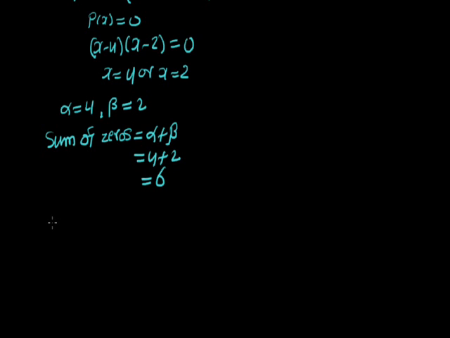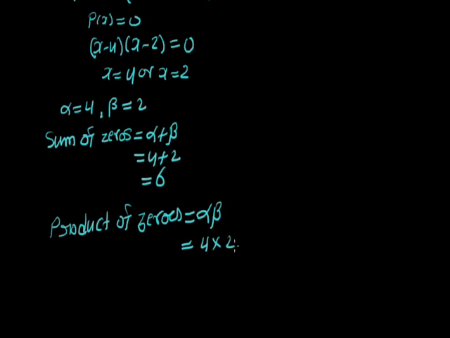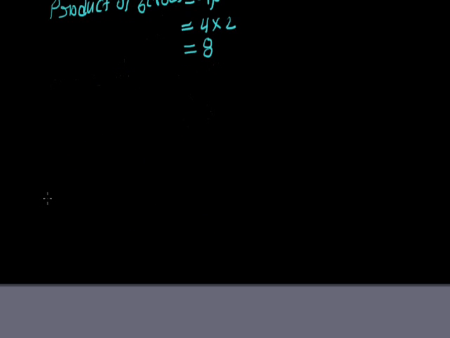Then we come to the product of the zeros, that is equal to alpha into beta, means 4 multiplied by 2, that is equal to 8. Now these are the sum and product of the zeros.